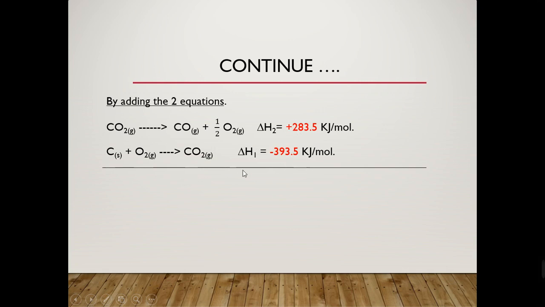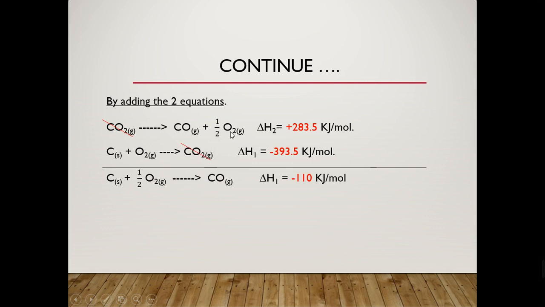By adding these two reactions, we note, thinking about an algebraic equation, the carbon dioxide here in the reactant and the carbon dioxide here in the product. We can cancel this carbon dioxide with this carbon dioxide.